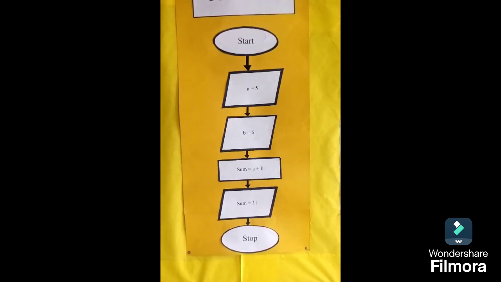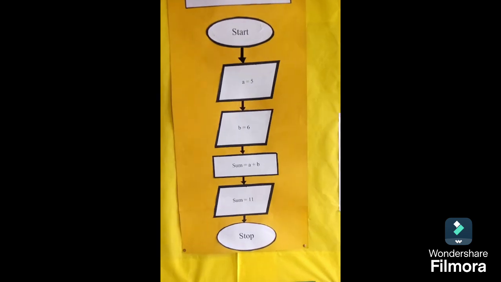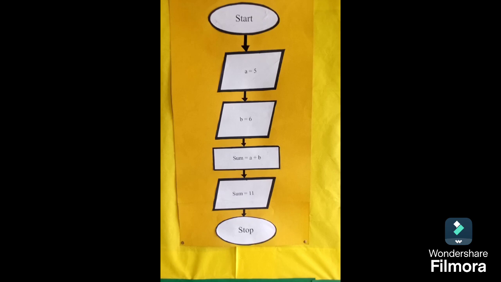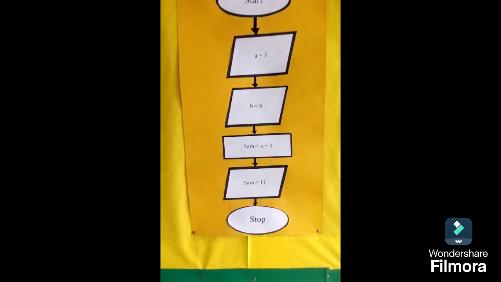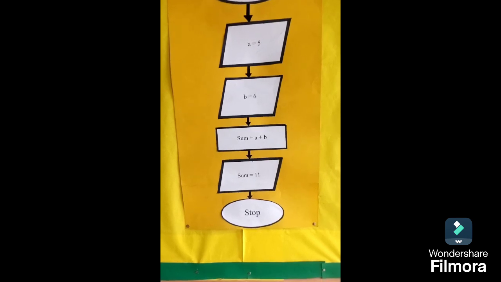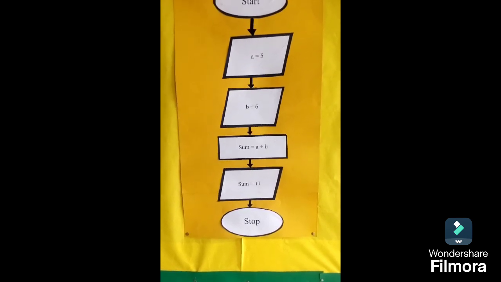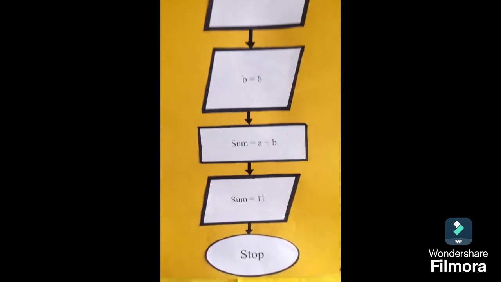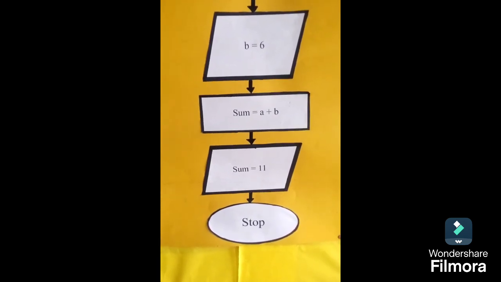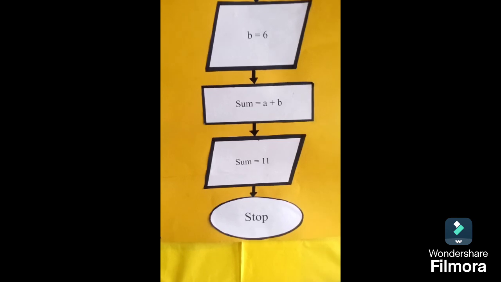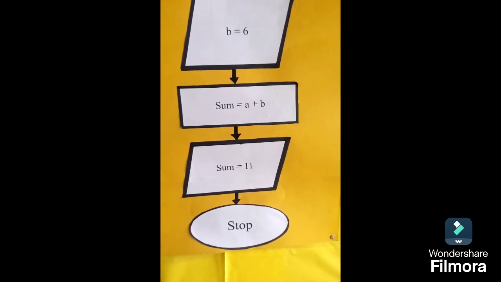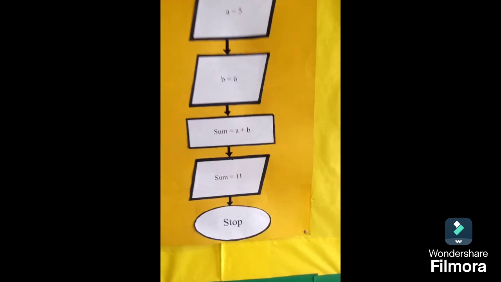In this flowchart, you need to find the sum of A and B. The first step is start, the second is the input: A equals 5, B equals 6. The third and fourth step is the process in which the data is added, and the next is the output, sum equals 11, and the last step is stop, or you can also write end. I will share some other flowcharts.